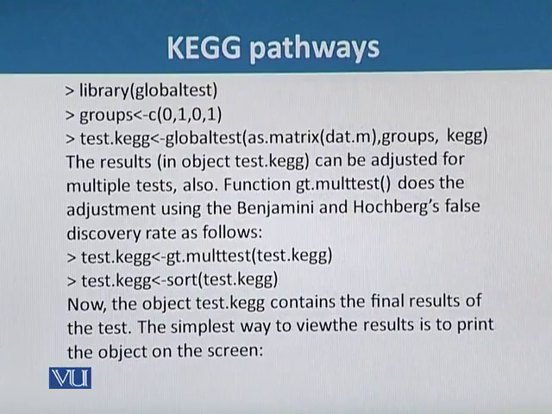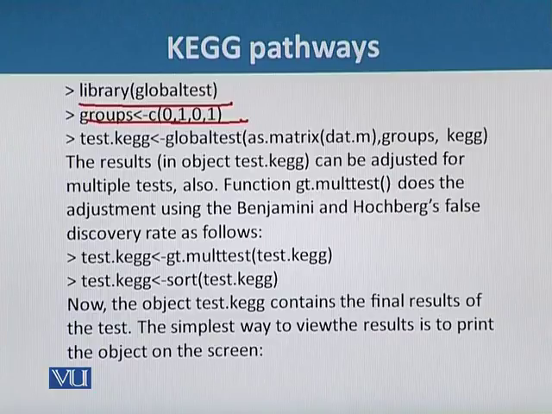Similarly, we will use some commands. This is library(globaltest), as we have seen previously, and we allocated the samples into groups and allocated the numbers 0 and 1 to them. Then we will use test.KEGG, and this is the command for this one.